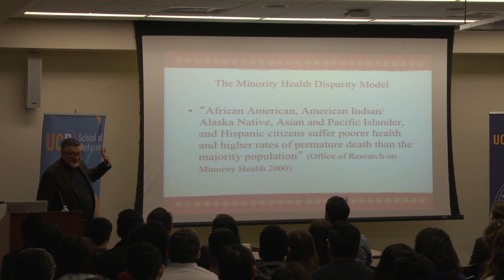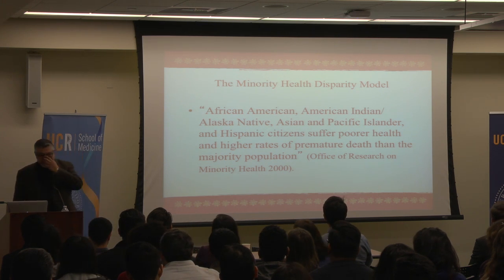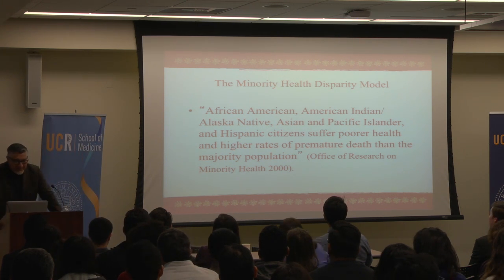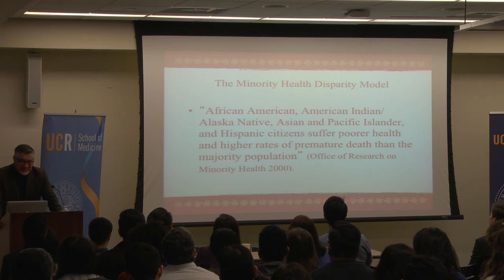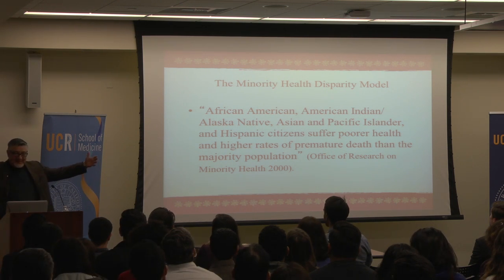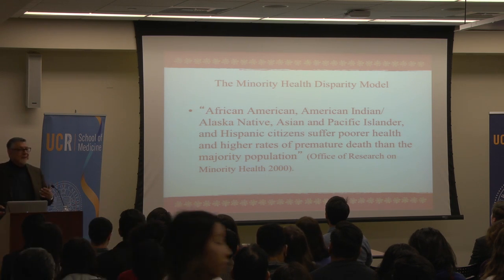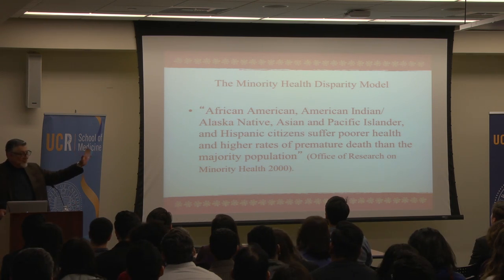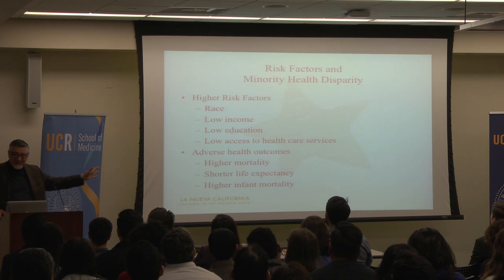Okay, so here is the classic model on health disparities. African American, American Indian, Alaska Native, Asian and Pacific Islander, and Hispanic citizens. Whew, you know, in this state, that's a whole bunch of folks. Suffer poorer health and higher rates of premature death than the majority population. I'm sure you've heard this many times and oft. Okay.